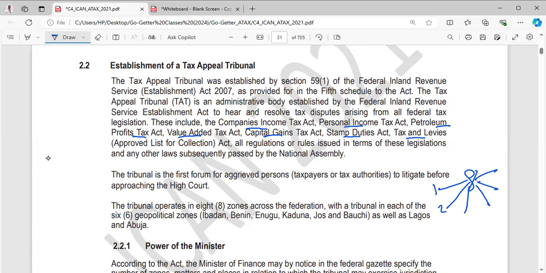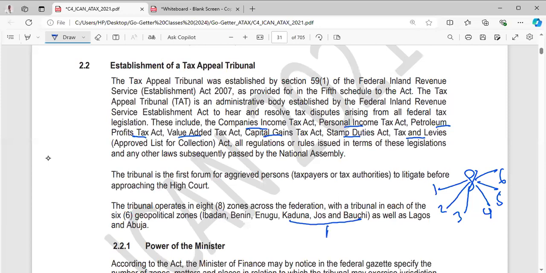For the north central, I think we have Kaduna. For the northeast, we have Bauchi. Then for the northwest, we have Jos. So all of these are for the north.